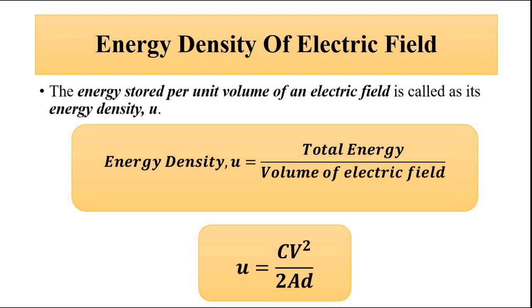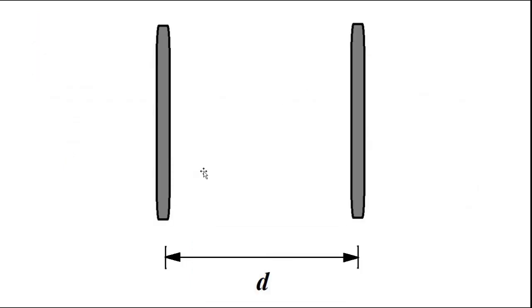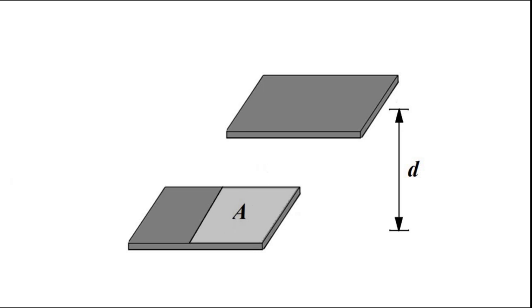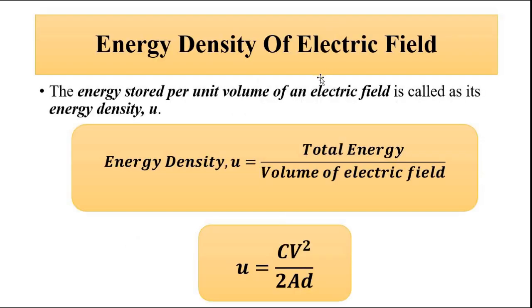Next concept is the energy density of the electric field. We know that the basic representation of a capacitor is a parallel plate capacitor consisting of two conductors separated by a certain distance d with overlap area A. Whenever distance and area come in, we have an imaginary volume in which the electrostatic field exists. The energy stored per unit volume of the electric field is called the energy density.